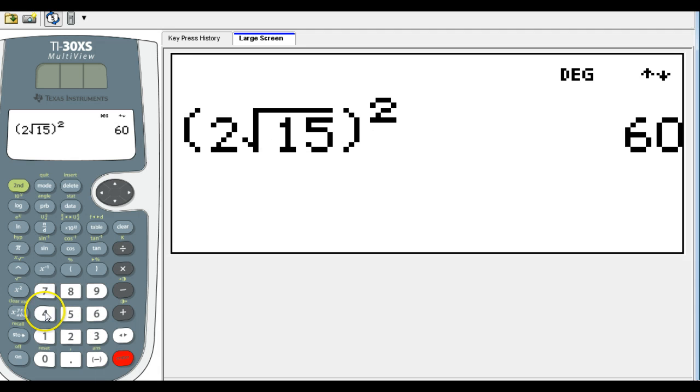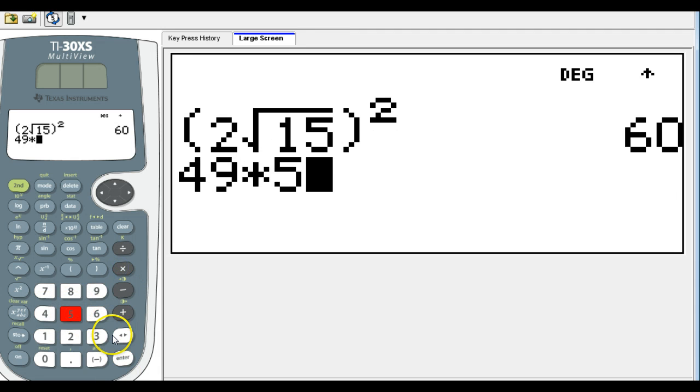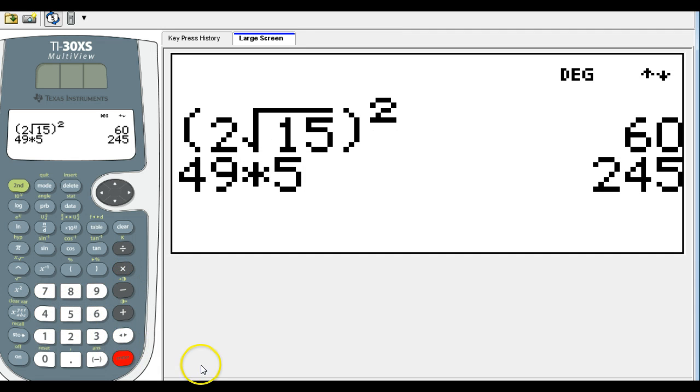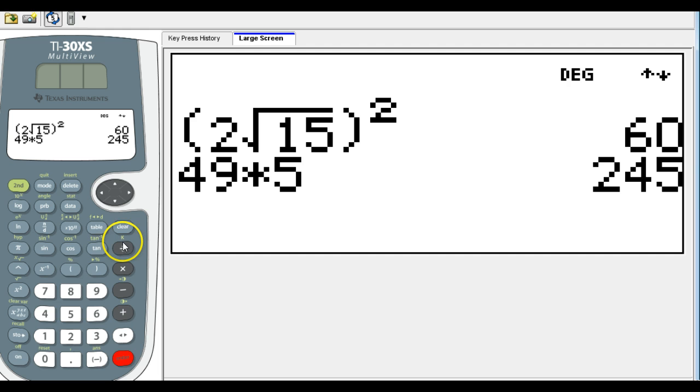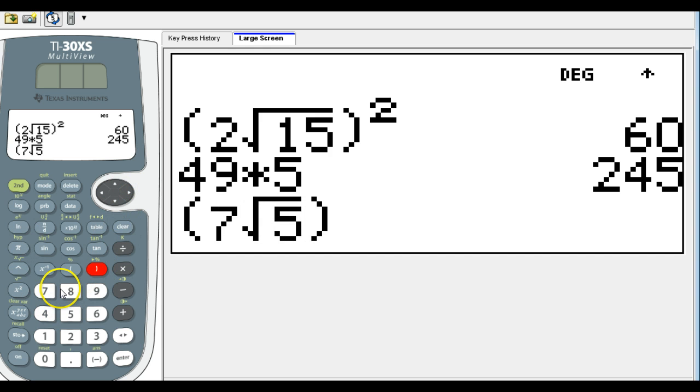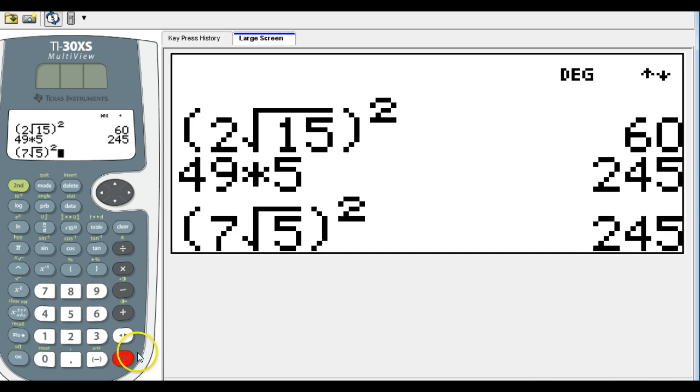But 49 times 5 is 245. Or I could have just squared 7 radical 5 on my calculator. So if I have 7 radical 5, I can square it. Either way, you get 245.